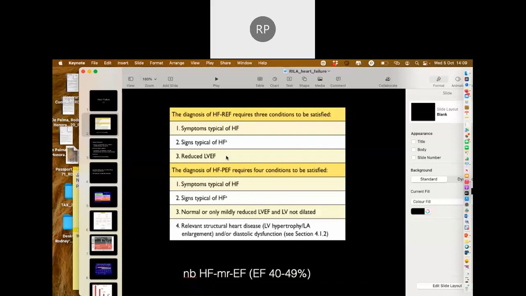And the bit in the middle, 40 to 50%, is a little bit of a grey area, and that's why at the bottom I put this category which has crept in over the last few years, called heart failure with mildly reduced ejection fraction. Formerly, it was described as mid-range ejection fraction, but it's now been renamed as mildly reduced ejection fraction, and that covers the middle ground between 40 and 49%. And it's a grey area because it's a mixed bag of patients.